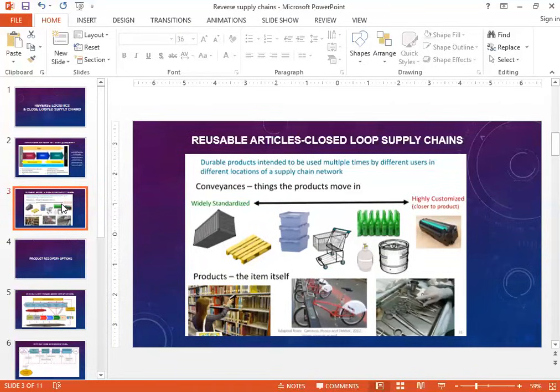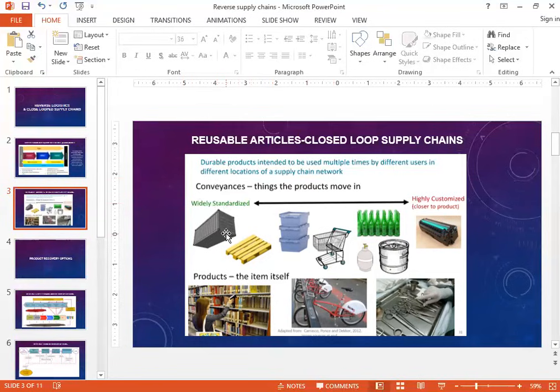Okay, so let me try to start explaining what closed loop supply chains are. Generally, closed loop supply chains are used in conveyance, in transportation, and also in products themselves. So let me start talking to you about conveyance and when and how closed loop supply chains are used in conveyance.